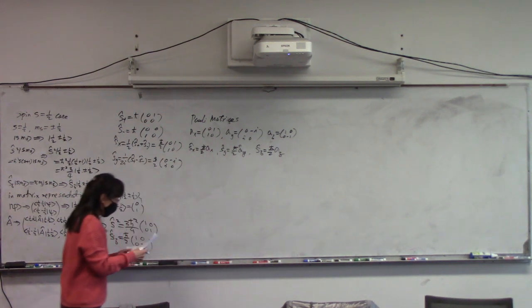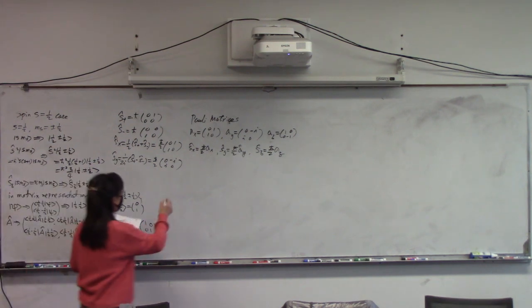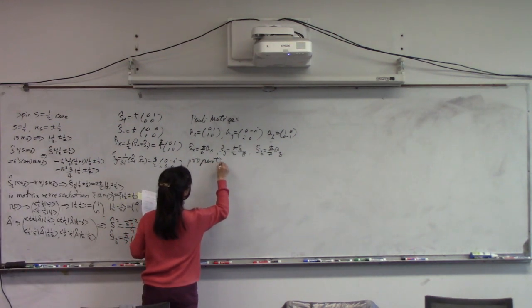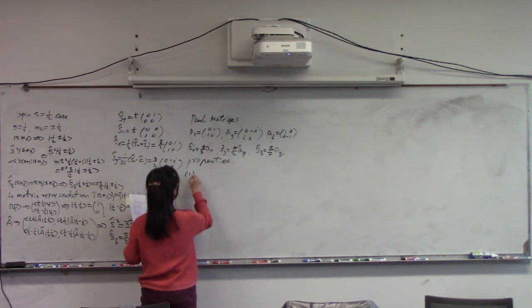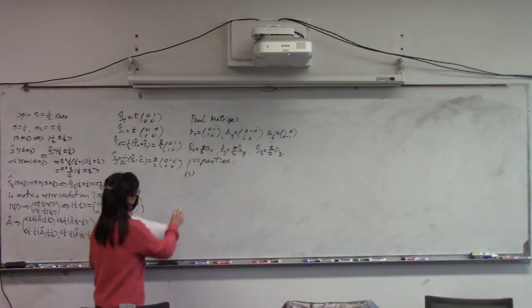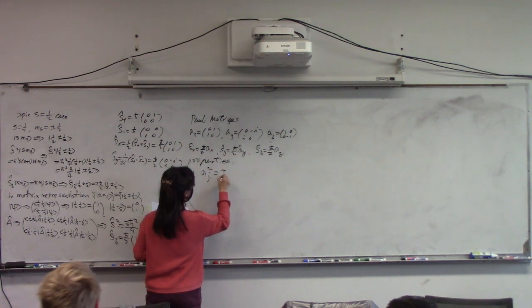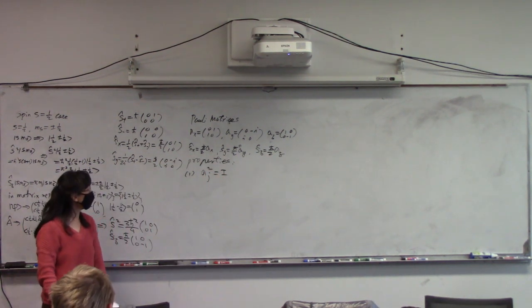Then we discuss the properties of the Pauli matrices. First property: the square of any component of the Pauli matrix is the unit matrix.